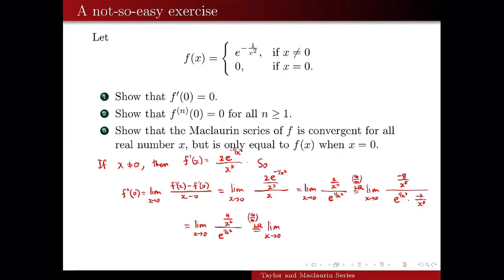The derivative will be negative 8 over x to the power 3. On the denominator, we will have e raised to 1 over x squared times negative 2 over x cubed. And look, if we simplify this, this is just the limit as x approaches 0 of 4 over e raised to 1 over x squared. And the limit here is again 0.